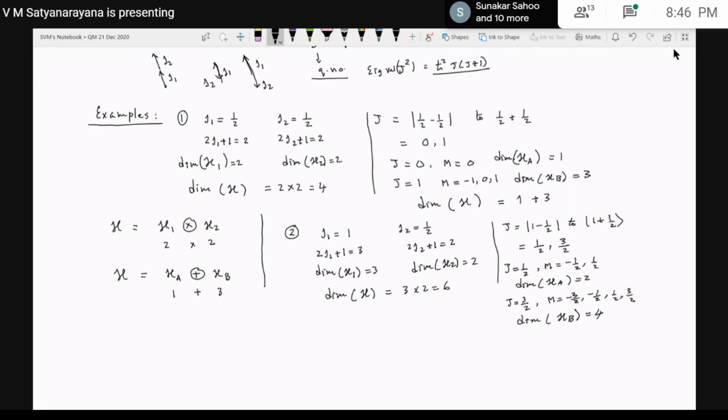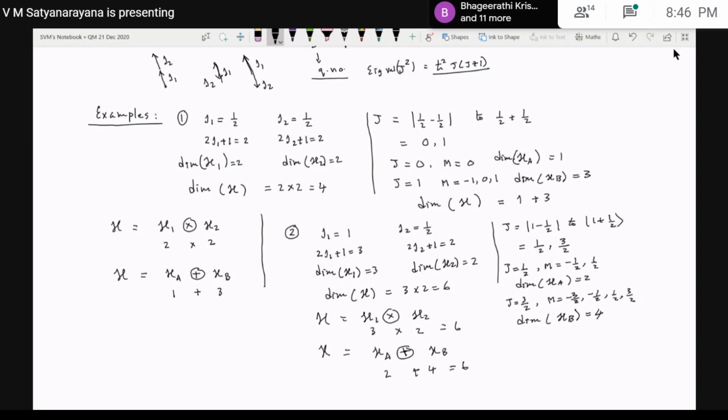So if I have to write it, the composite Hilbert space H can be written as H1 direct product H2, and this is 3 and this is 2. Similarly I can write this as HA direct sum HB, and this is 2 plus 4. So this is equal to 6 and this is also equal to 6.